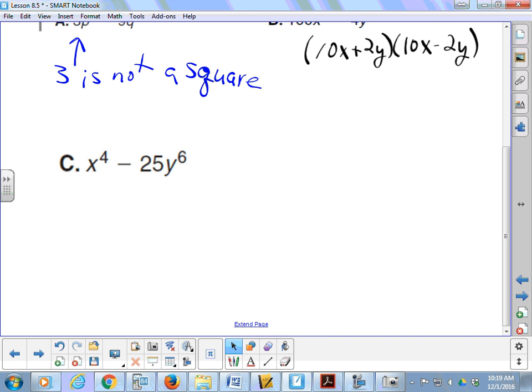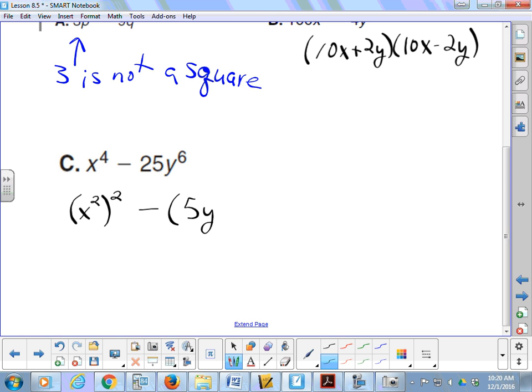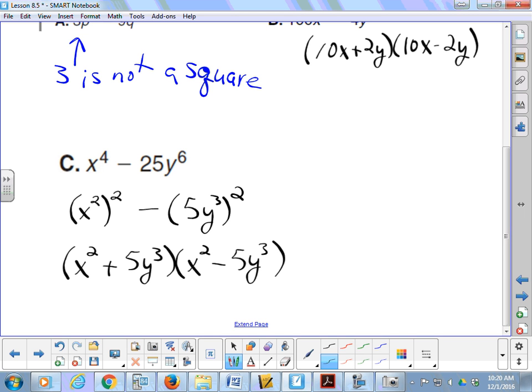So in this case, x squared is squared there, and this one would be 5y to the third power. You just cut the power in half. So this would be x squared plus 5y cubed and x squared minus 5y cubed. All right, that would be it.